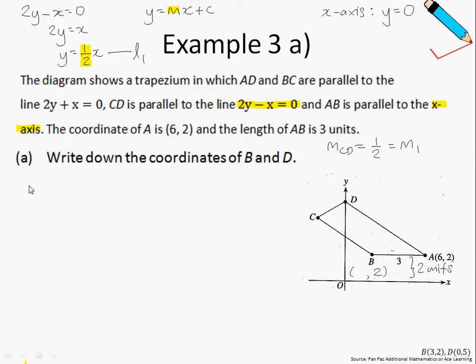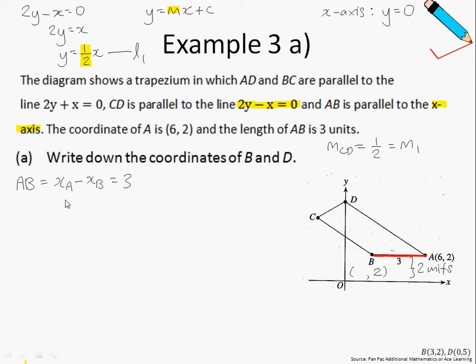To find the x coordinate of B, let us make use of distance AB. Distance AB is actually a horizontal line, so let me use a different color to make it more obvious. The length of this horizontal line is simply the x coordinate of A minus the x coordinate of B, and we're given that AB is 3.